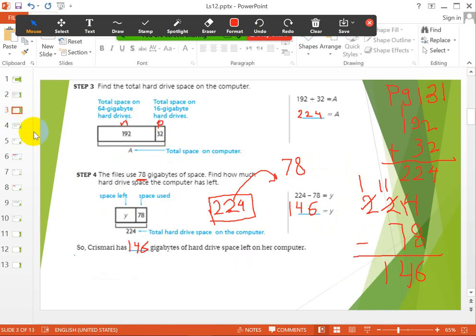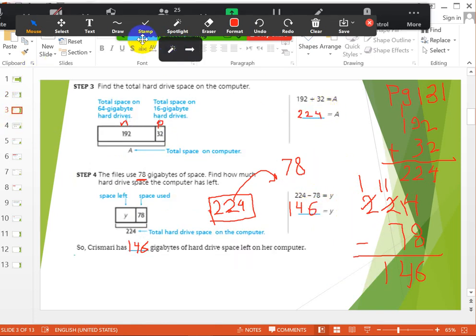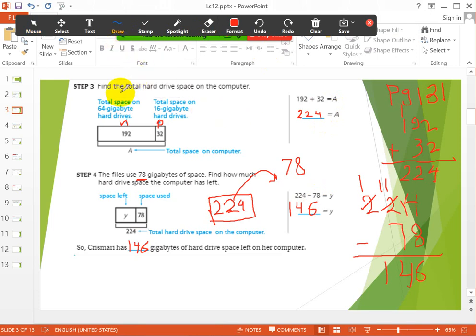Here, how will I know this is an addition? Look, I know that I want the total space. How will I know the total space? Look, the space for hard drive A equals 192, for B equals 32. So if I want to know the total space, what do I have to do? If you have, as an example, 5 apples and you have 2 apples in the same box, what is the number of apples in the box?